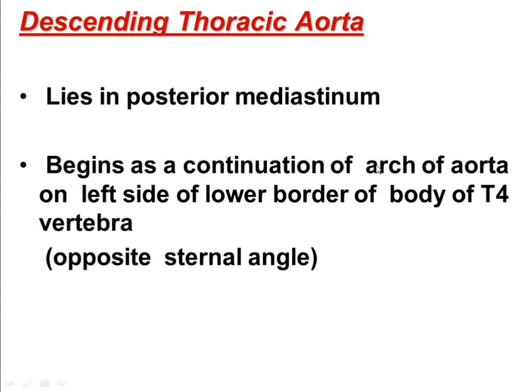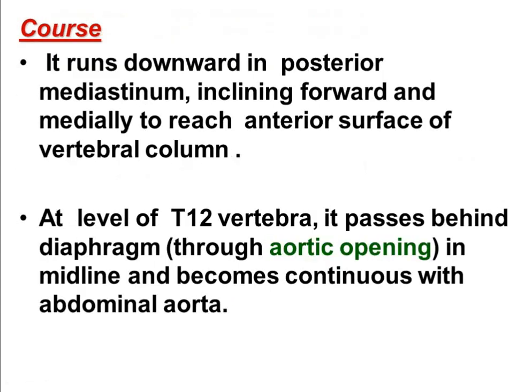It begins as a continuation of the arch of aorta on the left side of the lower border of the body of the T4 vertebra, just opposite the sternal angle of Louis. This descending thoracic aorta runs downwards from the posterior mediastinum, inclining forwards and medially to reach the anterior surface of vertebral column.